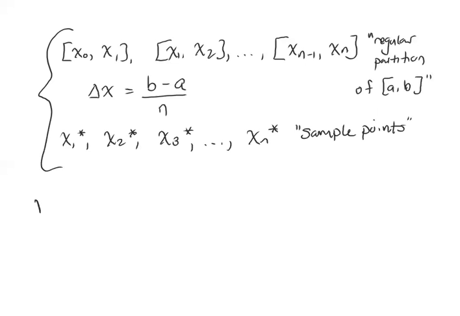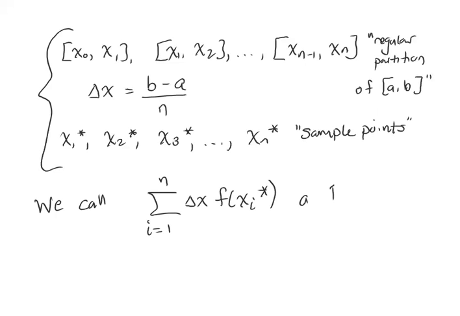We call that sum, from i equals 1 to n of delta x f of xi star, with the above criteria, a Riemann sum. Riemann was a famous mathematician, so this is named after him.